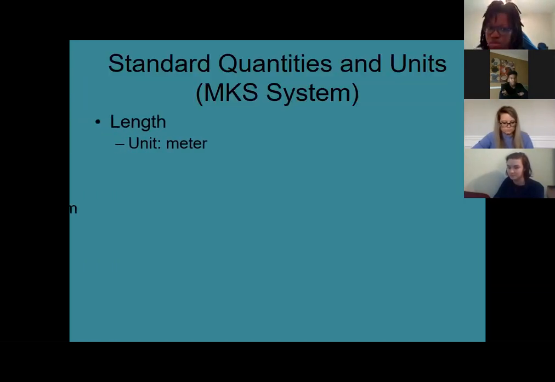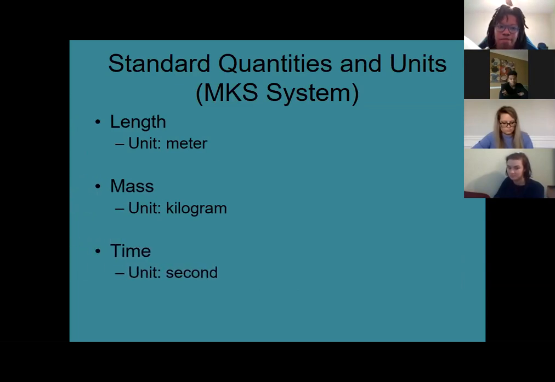And like I said, in the MKS system and in the Systems International system, these are the three fundamental quantities or base quantities and their associated unit. It's important to know what your base quantities are, as well as the derived quantities, because they are different in different systems, but when you're working problems, you have to work in the same system of units.